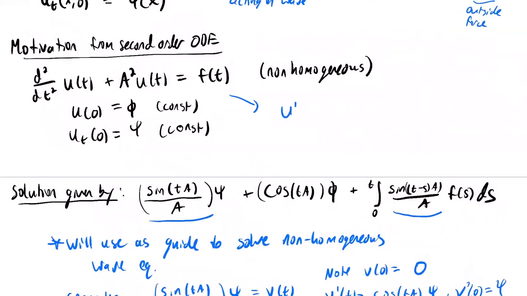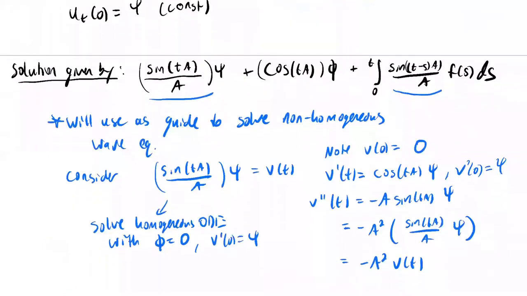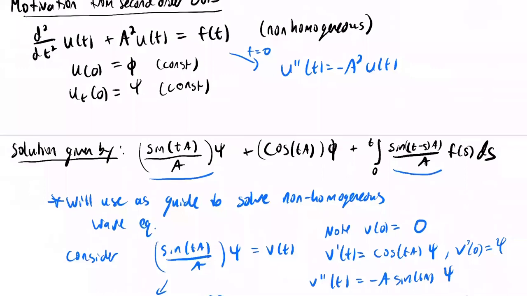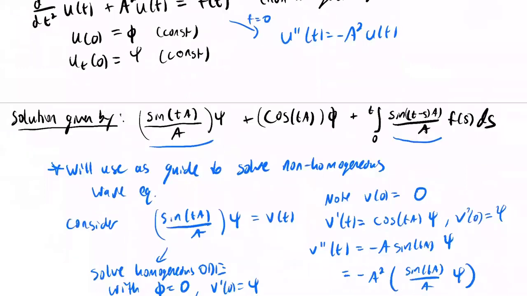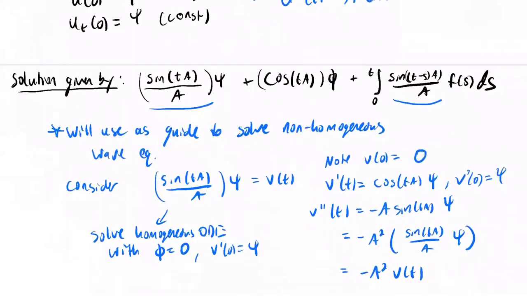This is the same thing as u prime prime of t is equal to minus a squared u of t, right, if f is equal to 0, which is what we just saw here. The only difference is, again, f is 0, and we're assuming the initial condition when t is 0, phi is replaced by 0 here, right?